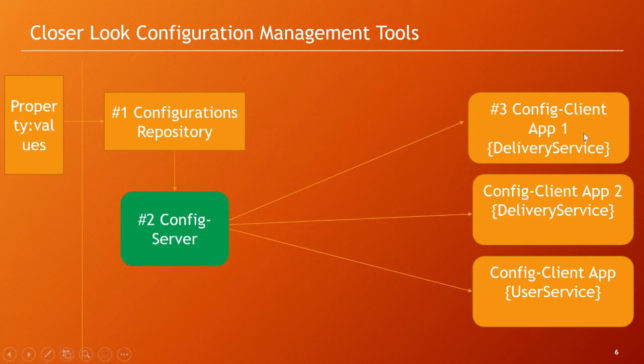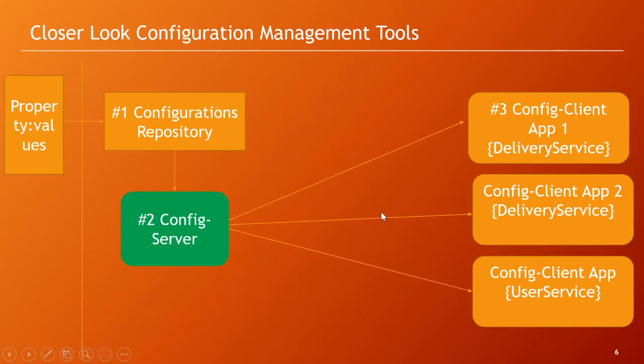Spring Cloud provides the client implementation. You just have to add the dependency and make some property file changes, and it will become a client application capable of pulling all those changes from the configuration server. So this architecture is already present in Spring Cloud; you can clone the repository or add the dependency in your pom.xml and start using it.